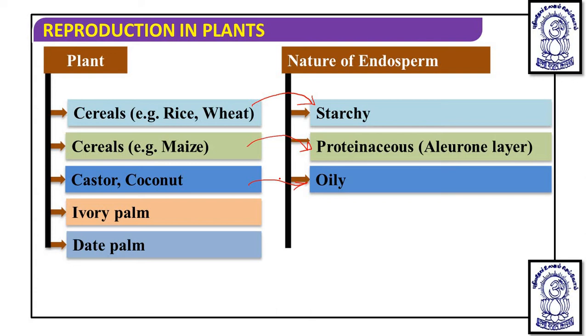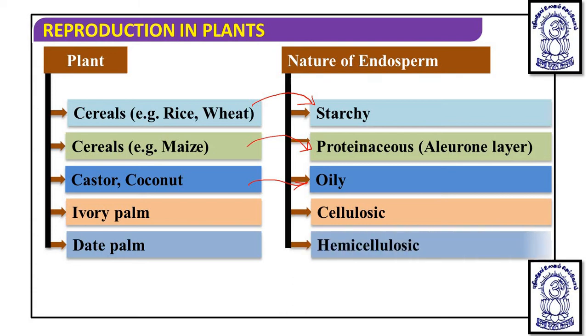Then in ivory palm a cellulosic endosperm is found, and in date palm a hemicellulosic endosperm is found. So dear student, you should note this down, as an important question can be asked from this, like match the following. They can ask what is the nature of endosperm in coconut, and you should be able to answer that it is an oily endosperm.